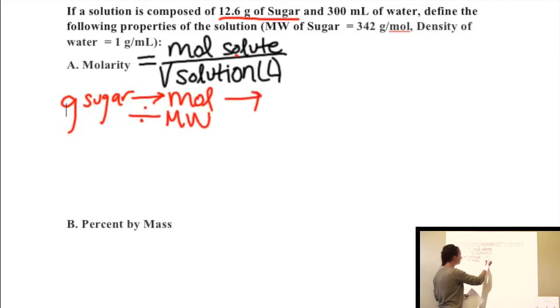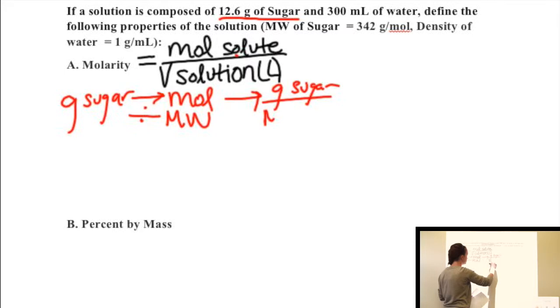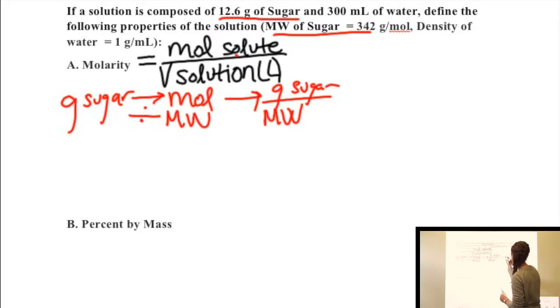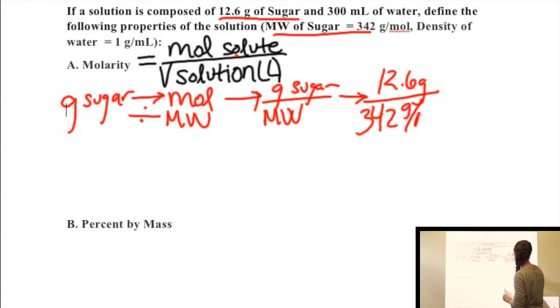So we'll end up getting grams of sugar divided by the molecular weight of sugar, which we get from up here. So that ends up giving us 12.6 grams divided by 342 grams per mole, which will get us 0.0368 moles.